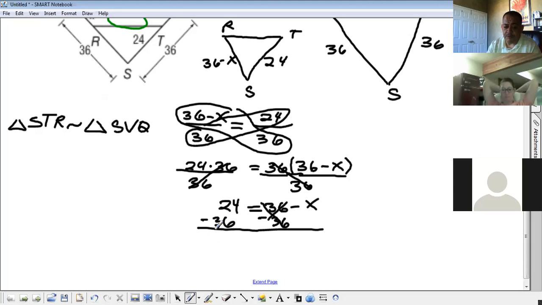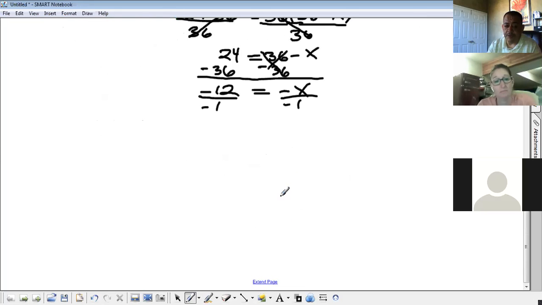So you have 24 minus 36 will give you negative 12, and that's equal to negative x. Divide by negative 1. So the answer will be x is equal to 12. And that's segment QR, by the way.